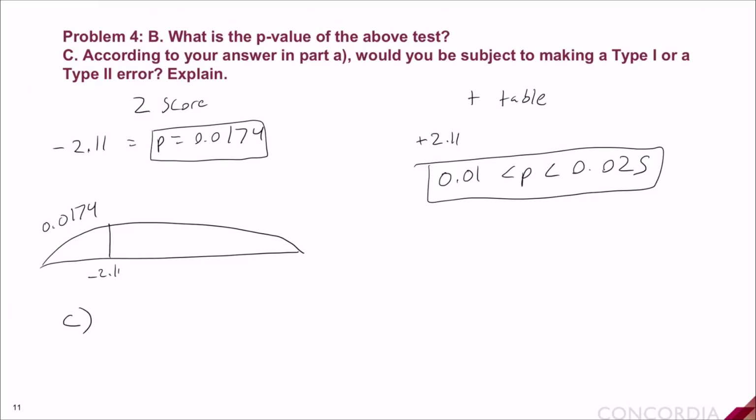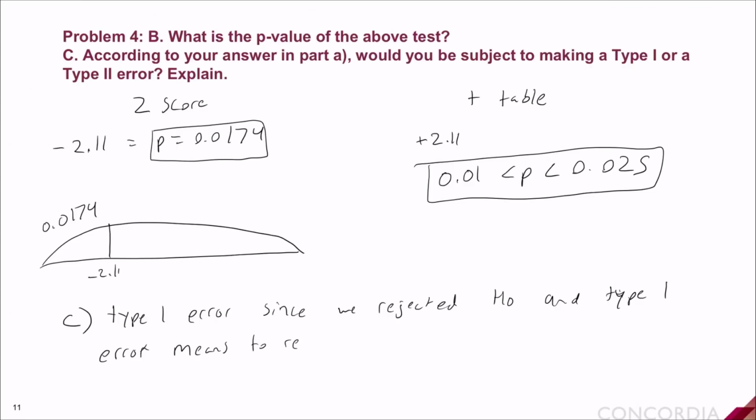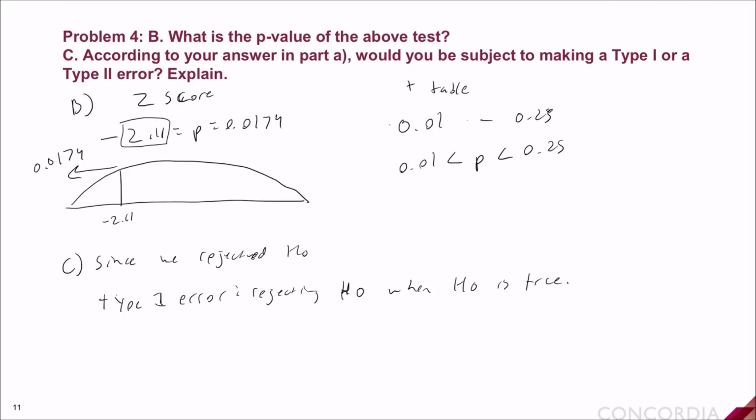The answer is type 1 error, since we rejected H0, and type 1 error means to reject H0 when it is in fact true. Let us move on to problem 4D.